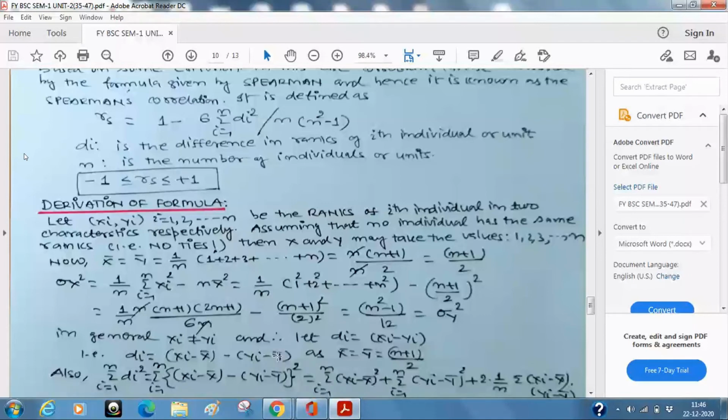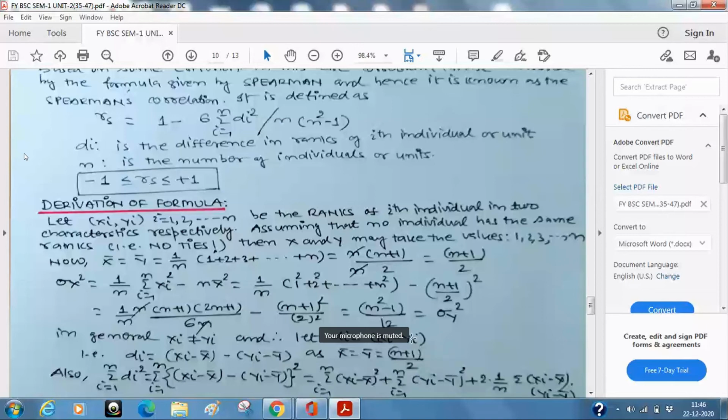जरा देखो ऐसा क्यों कर सकते हो आप? x bar की वैल्यू क्या थी? n plus 1 by 2. y bar की वैल्यू भी क्या थी? n plus 1 by 2. So if I put it here and if I put it here, so here it is a minus sign and here minus जब आप अंदर लेंगे तो this will become plus sign. So actually n plus 1 by 2 will get cancelled. So di remains only xi minus yi. But this is for some manipulation I am doing it.